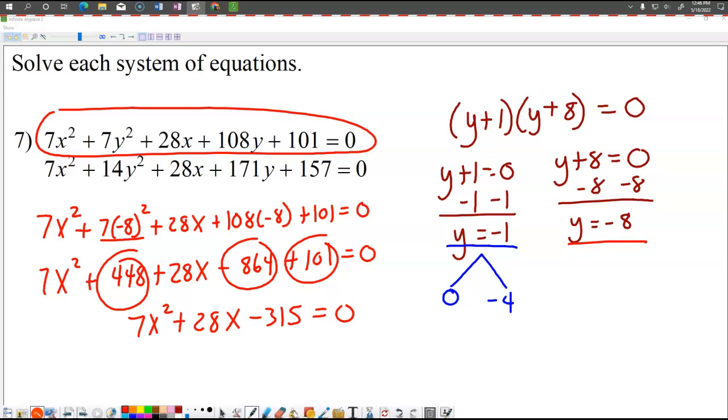And that's a huge number, so if I can, I want to try to reduce it. I'm willing to bet you that this will divide by 7 well. I know that 7x squared divided by 7 works. I know that 28 divided by 7 works. Let's try that 315. Yep, it worked. It's 45. And so now I have much nicer numbers to work with there.